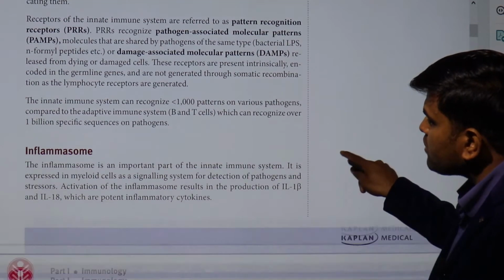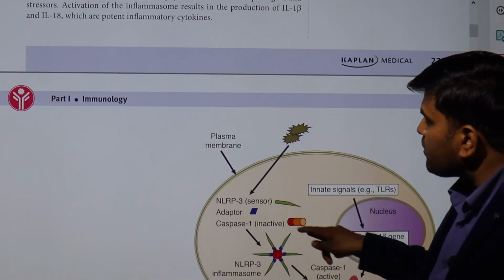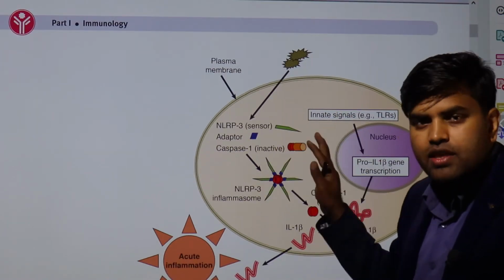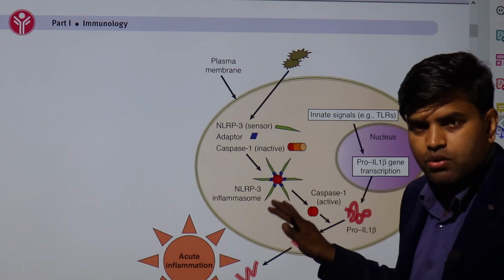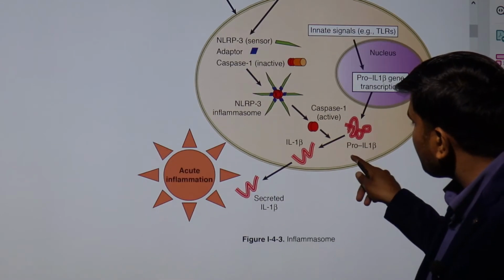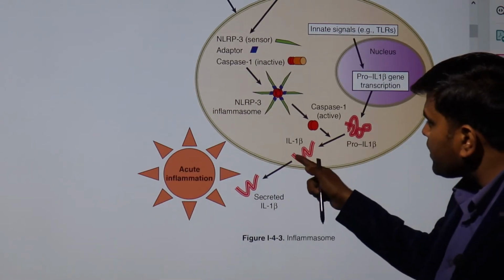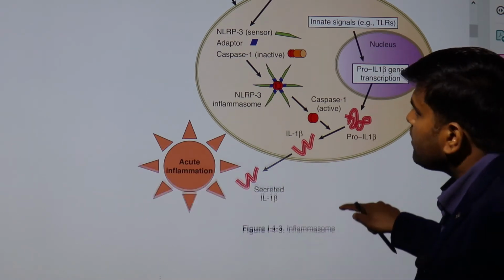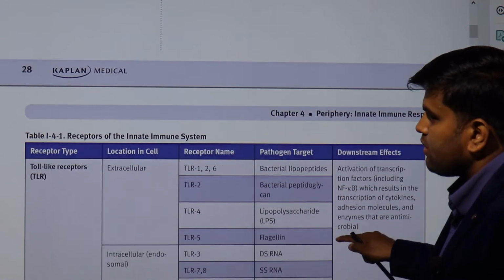The stressor and pathogen detected by this NLRP3 sensor will activate this caspase 1, which was initially present in our body in inactive form. When it gets activated, it converts pro-interleukin 1 beta into interleukin 1 beta, which is secreted outside, and now the inflammation has begun by the innate immune system itself.